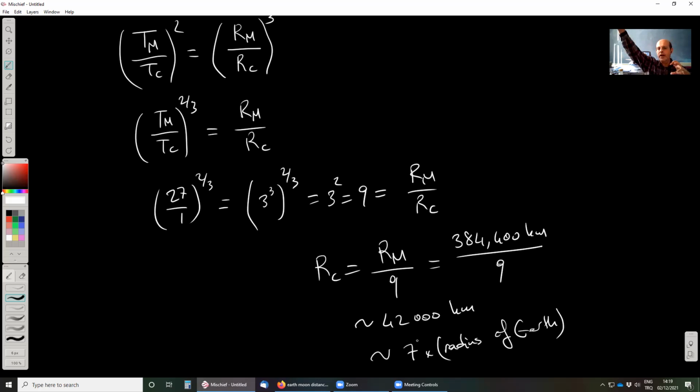So these are too far away. Most of the satellites orbiting around the Earth are very close to the surface, so their orbital radii are close to the radius of the Earth. These are called low Earth orbits. But these TV satellites are too far away.